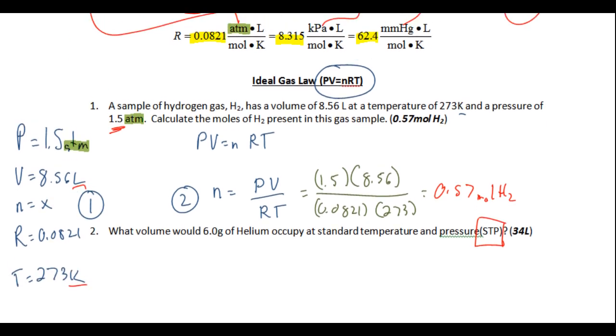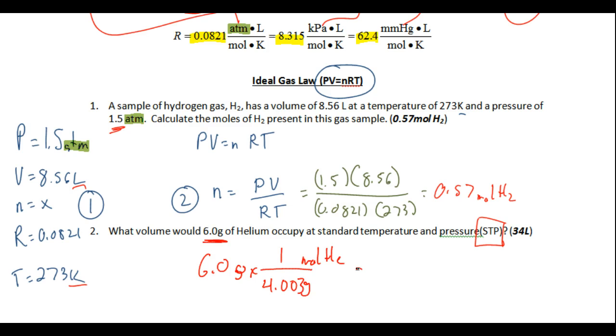The only other trick for number two is that I give it to you in grams, and PV equals nRT needs moles. And so you're going to have to convert grams to moles. X line, drag down the unit, moles of He, 1 mole is equal to 4.00 grams approximately, as I dig for that last decimal place, 3.